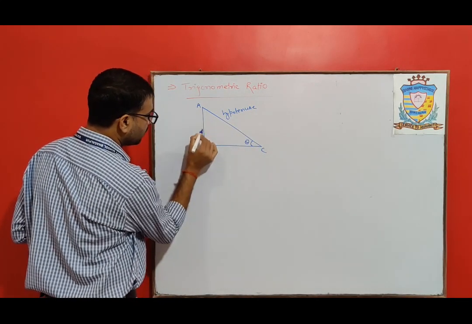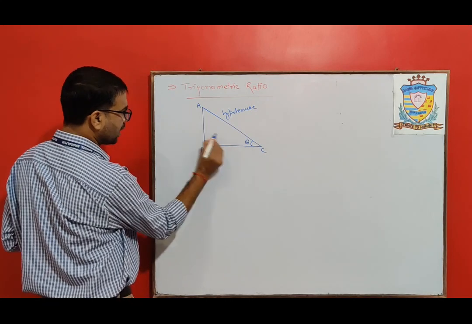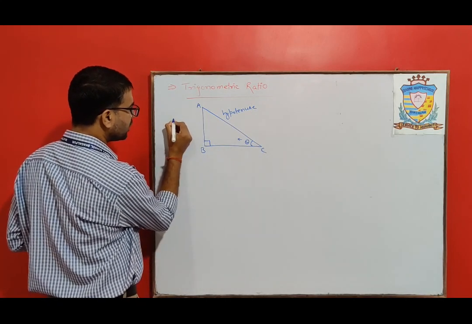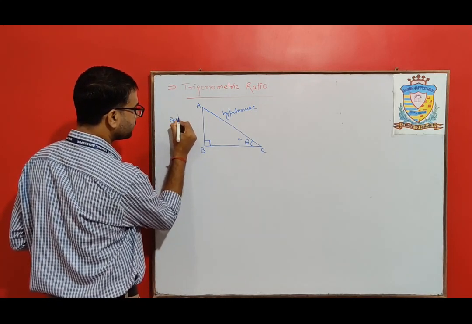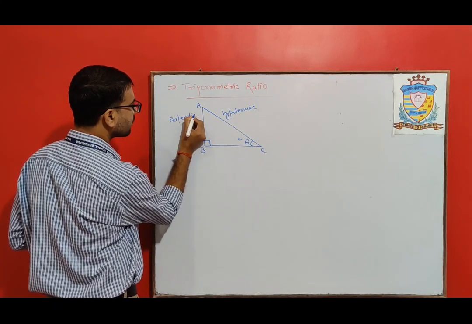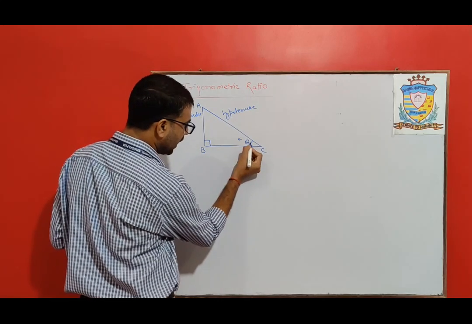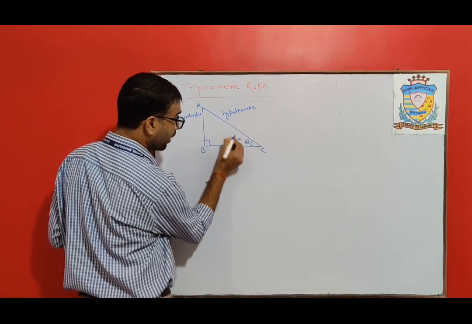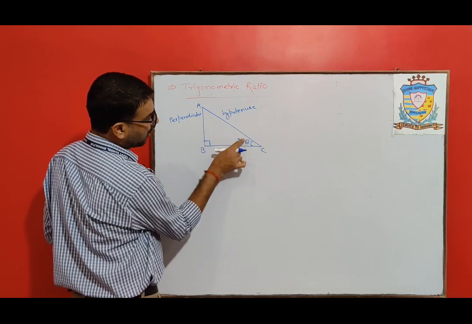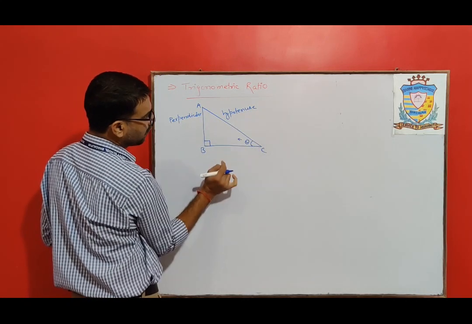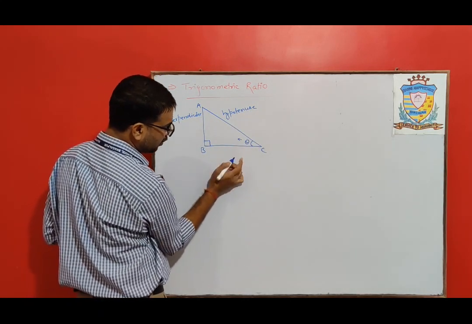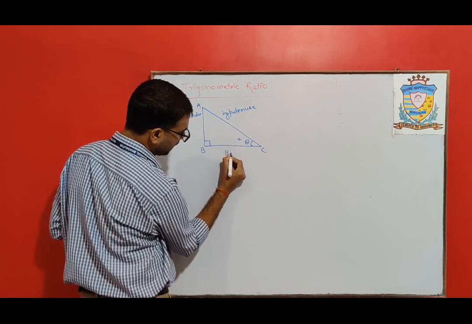And the side which is in front of this angle is known as the opposite side or perpendicular. And the side adjacent to this angle, the shorter one, is known as the base.